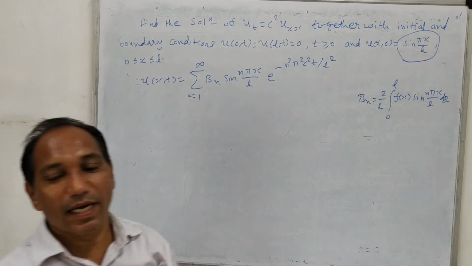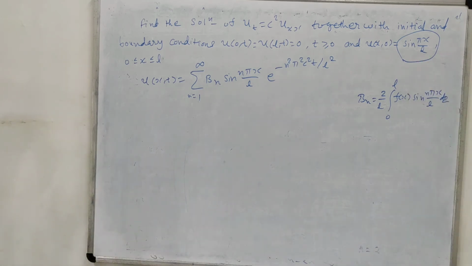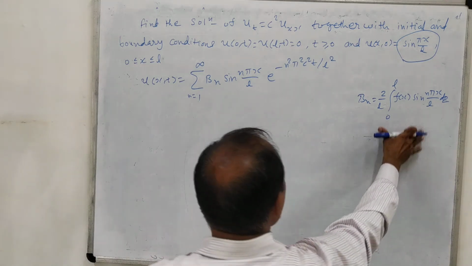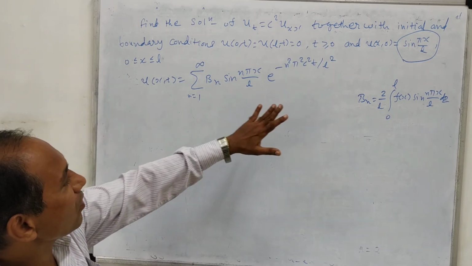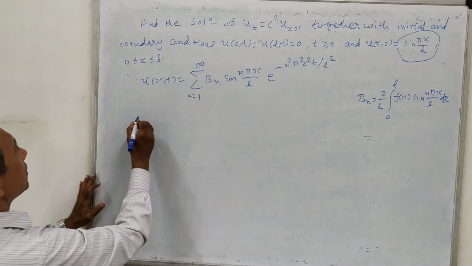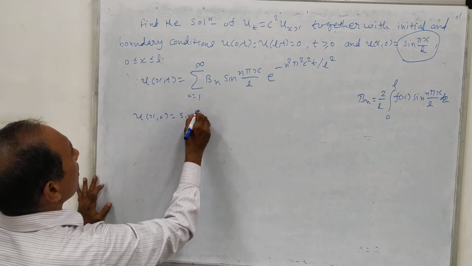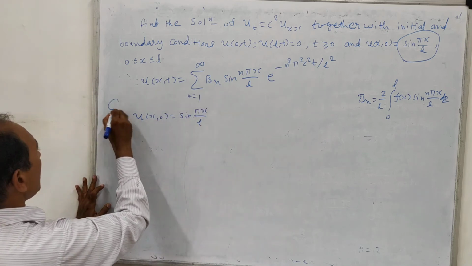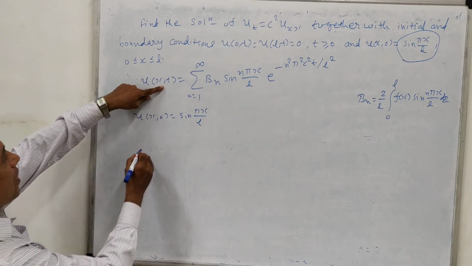But here you can see that in wave theory also I discussed that when f(x) or g(x) is given in sine form or cos form, then actually we can obtain the value directly, but otherwise we require some steps to integrate. So u(x, 0) equal to sine pi x upon L is given. So we put the value t equal to 0 here.